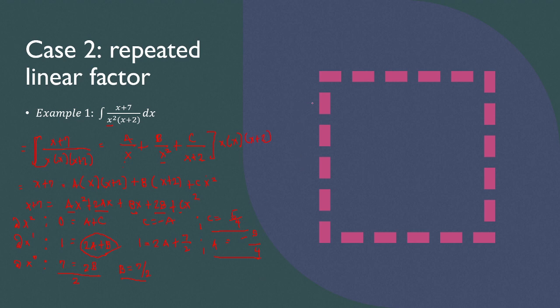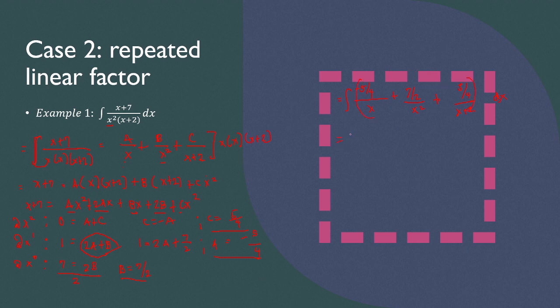Therefore, if we are going to rewrite that, it's a, which is negative 5/4 over x, plus b, which is 7/2 over x squared, plus c, which is 5/4 over x plus 2, dx.